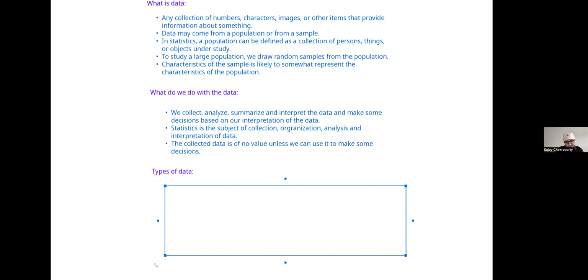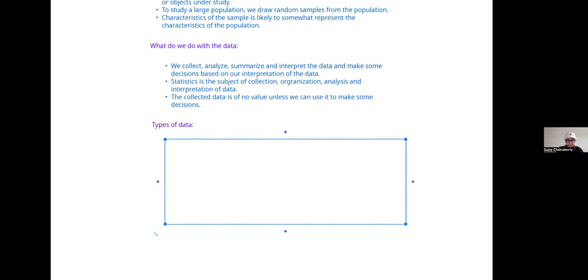So let's talk about quantitative data now. Quantitative data can be of two types: either discrete or continuous.